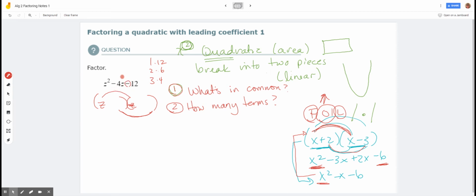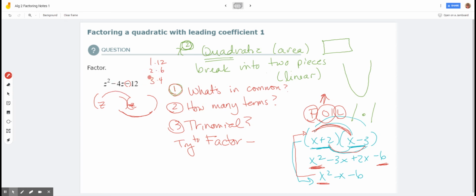Here's the question you ask next. I just realized now I should do this. If it's a trinomial, we should try to factor it. That's the next step. Try to factor. So look, the next question we ask here is, how can I make a negative 4?